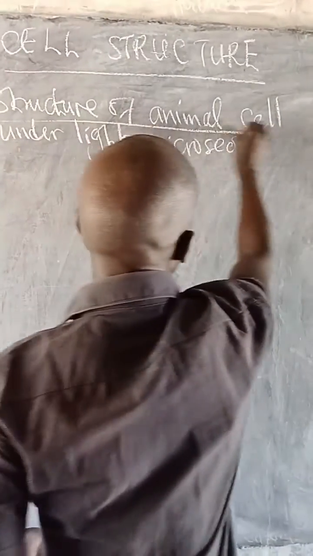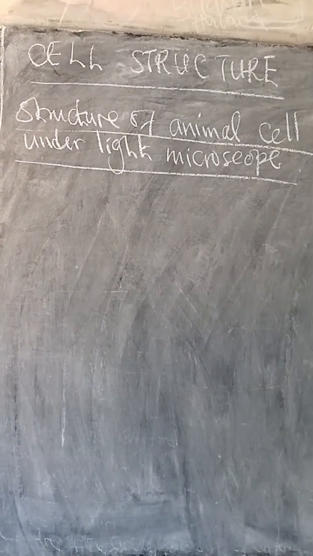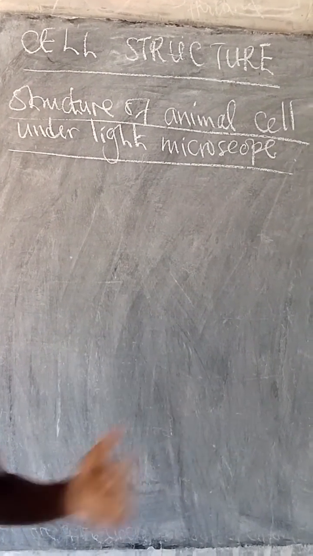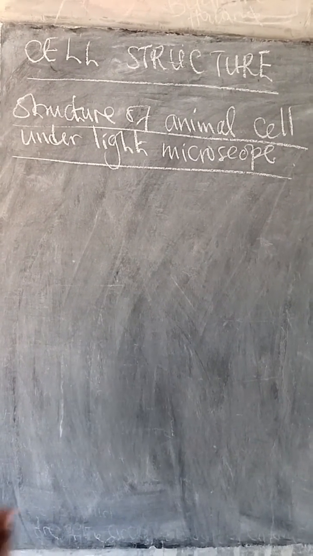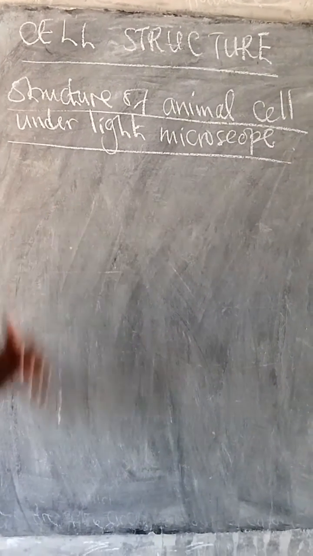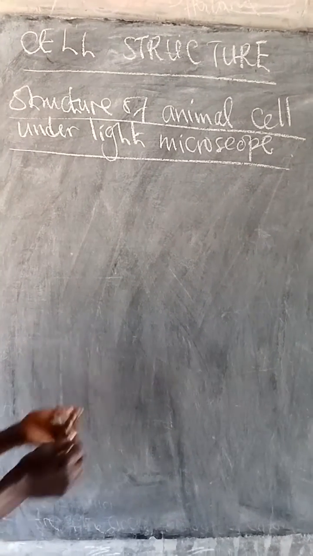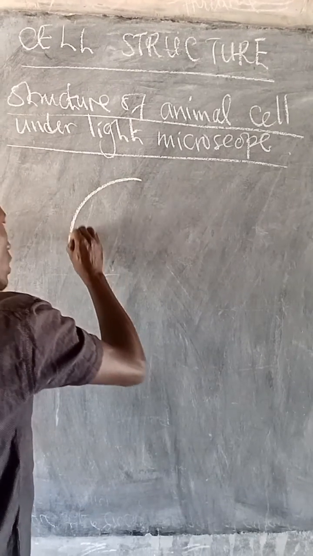So when we see animal cell under light microscope, we shall only see three parts of this cell, because light microscope has low magnifying power. Therefore, it shows only three parts in the animal cell. So when we look at the structure of animal cell under light microscope, then we shall be able to see this.